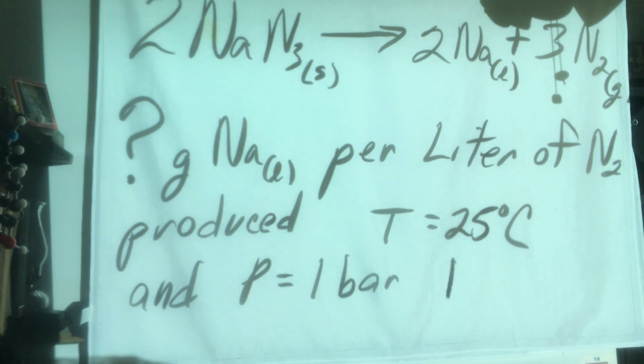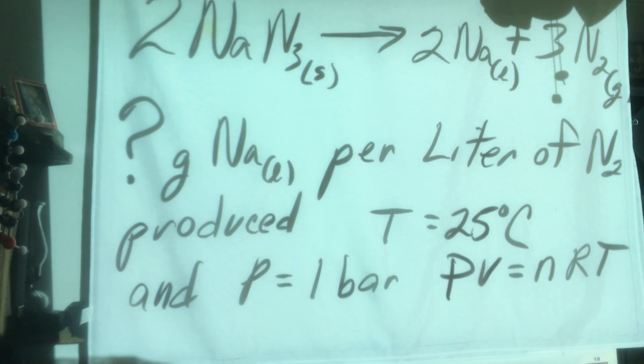Get a pen. n is what we're looking for, the number of moles of nitrogen gas. And that will equal PV over RT.